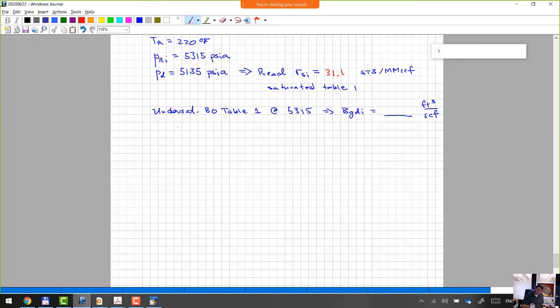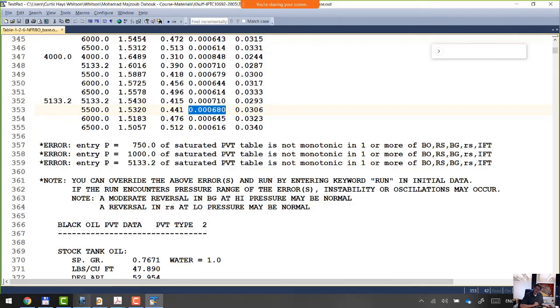So BG dry at the dew point, that's 0.00071.